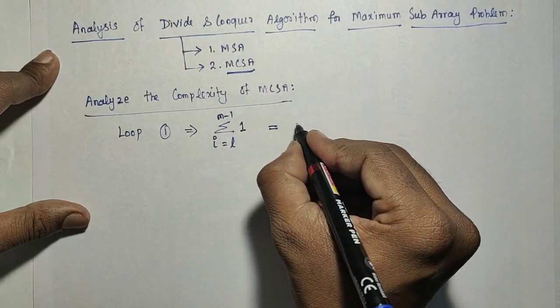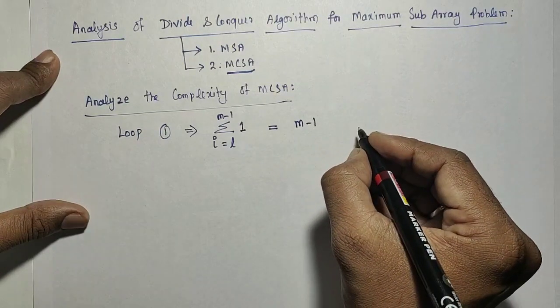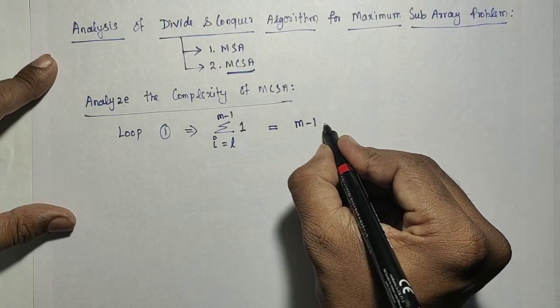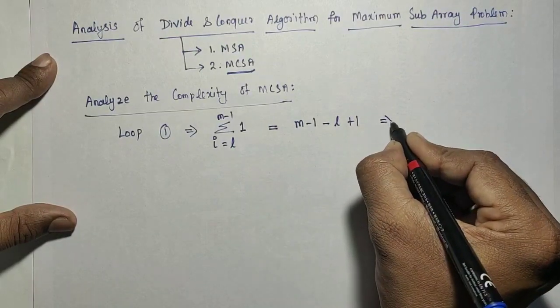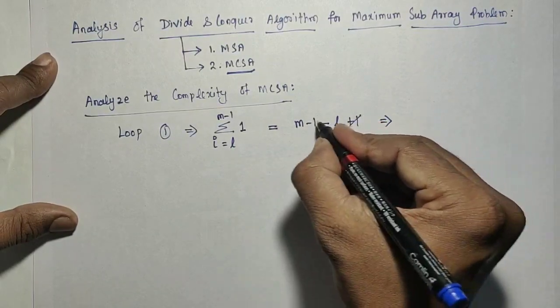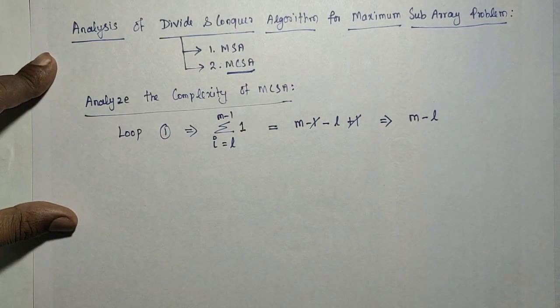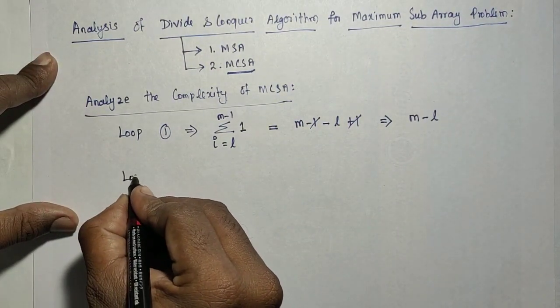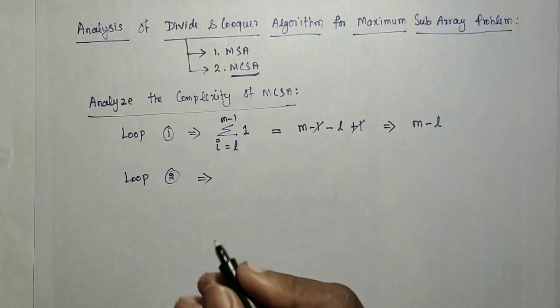The upper is M minus 1, minus L, plus 1, which is equal to M minus L. And then loop 2. The loop 2 will get executed for what?